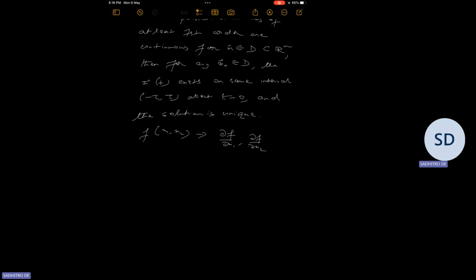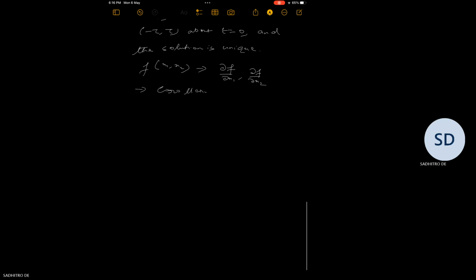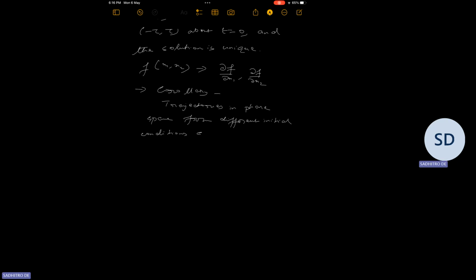Okay, so an important corollary of the existence and uniqueness theorem is that trajectories in phase space from different initial conditions cannot intersect.